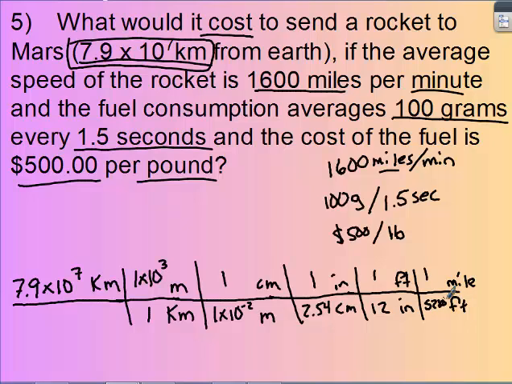So if you did the mile to kilometer conversion factor, then your answer would be slightly off from the one that I'm going to give, but it's going to be the same number. So just make sure that you're showing your work, and if you ever solve it differently than I do, but it's the same thing, then remember that that's fine.